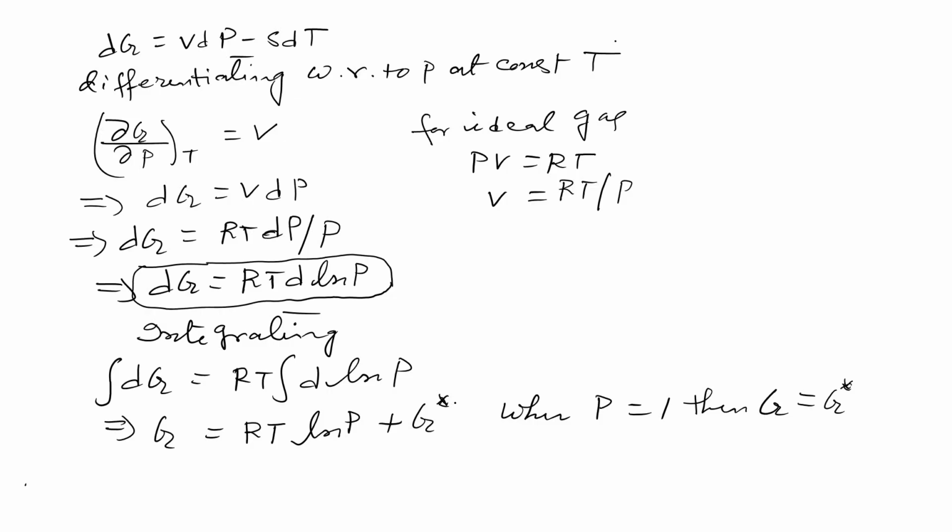So we got dG is equal to RT d ln P, and this is another equation. These are all for ideal gas because there I put V is equal to RT by P from the ideal gas equation.